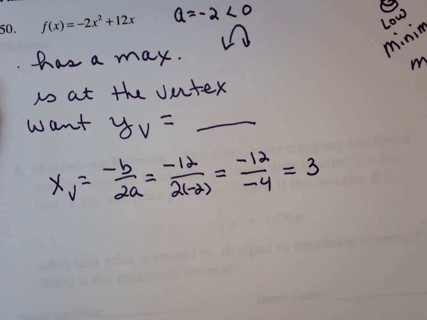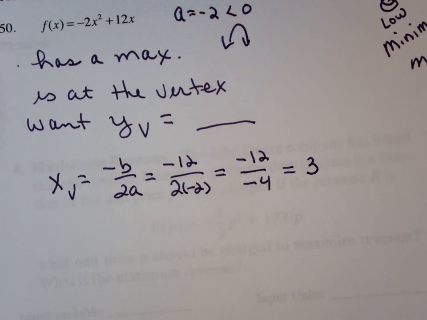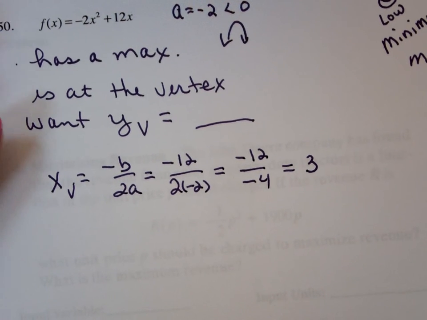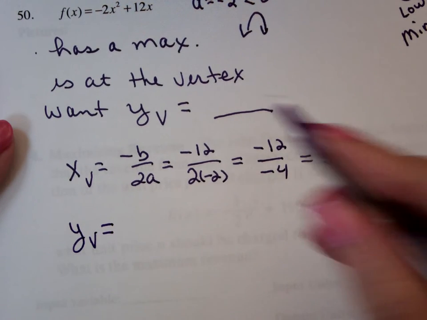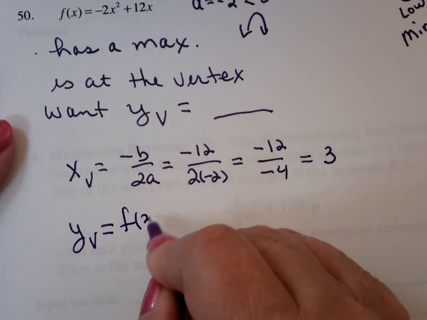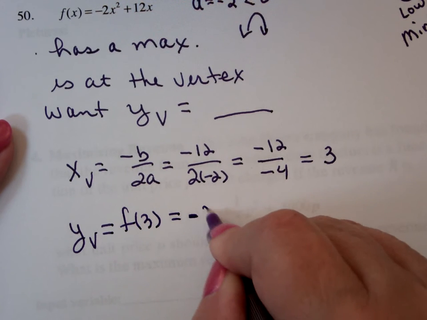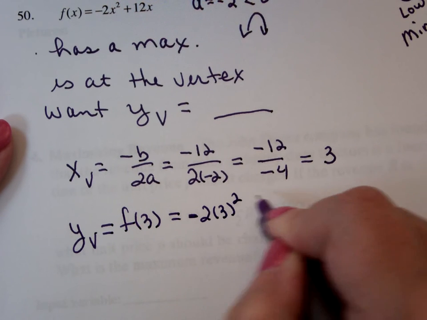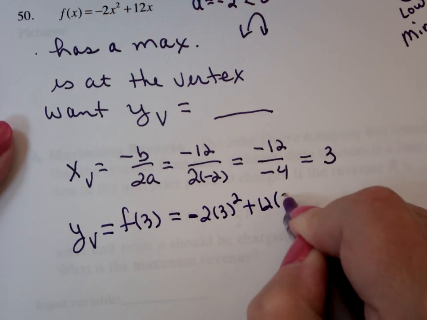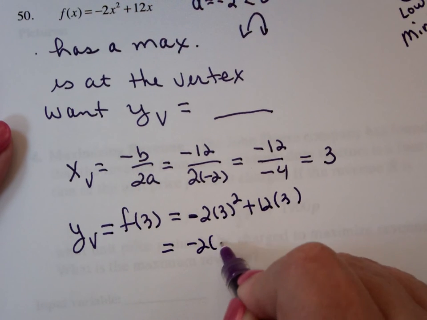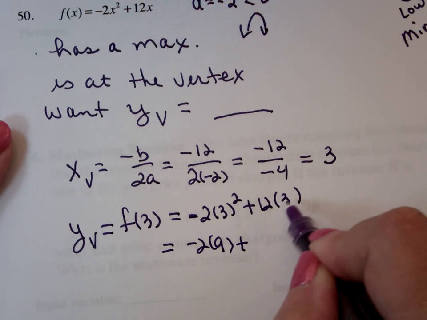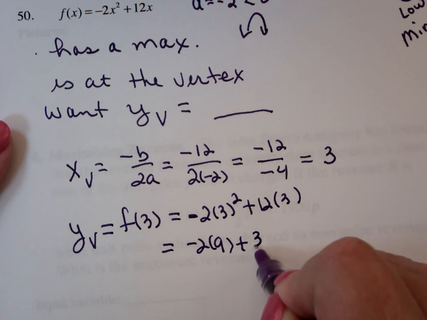I don't care about that, because what I want is the y coordinate of the vertex. So the y coordinate is f of 3, which is -2 times 3 squared plus 12 times 3, which is -2 times 9 plus 36.